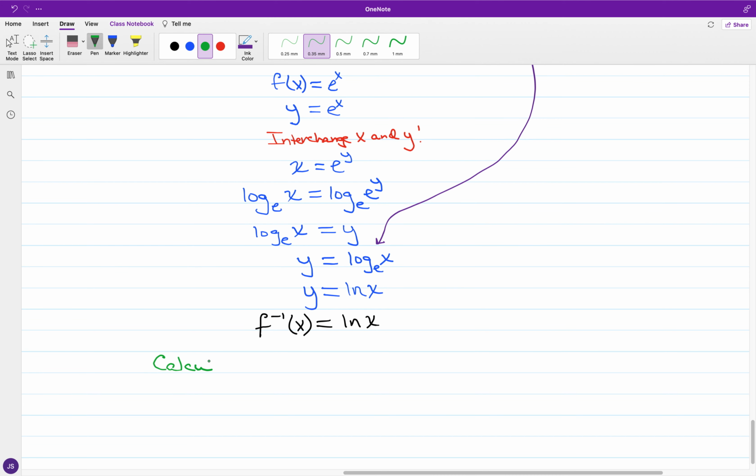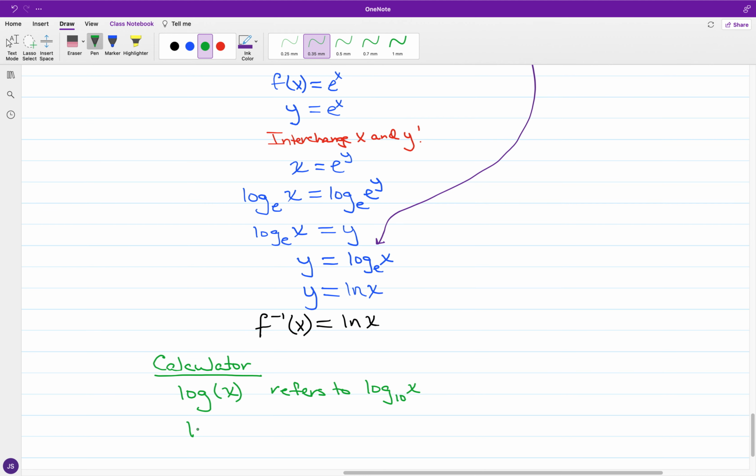So we mentioned, now what you have in your calculator, you have log of x, which refers to the base 10 logarithm of x.